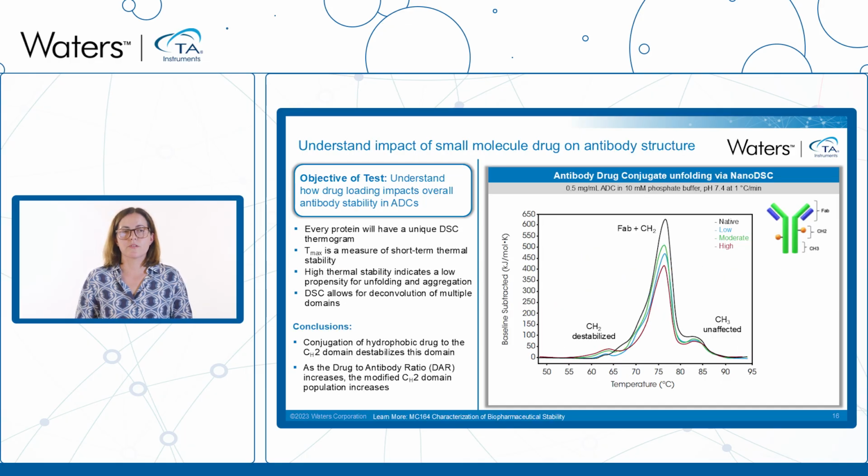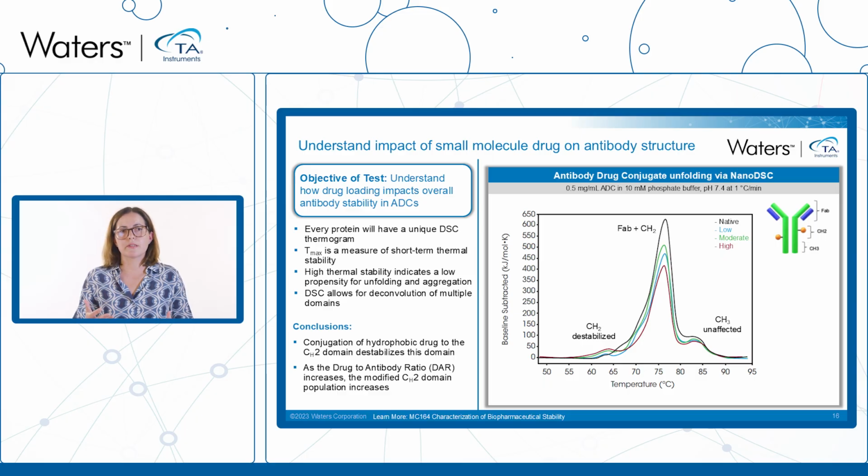A special class of antibody therapies that you see a lot in development are antibody drug conjugates, or ADCs, which are an antibody with at least one small molecule attached via a linker. So obviously, one question you might have during ADC development is if conjugating a drug will affect the protein's stability.